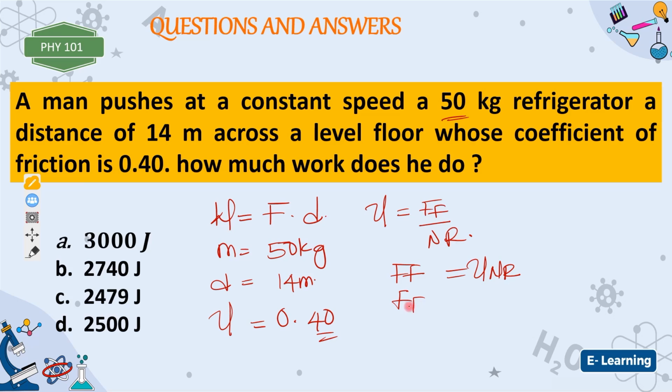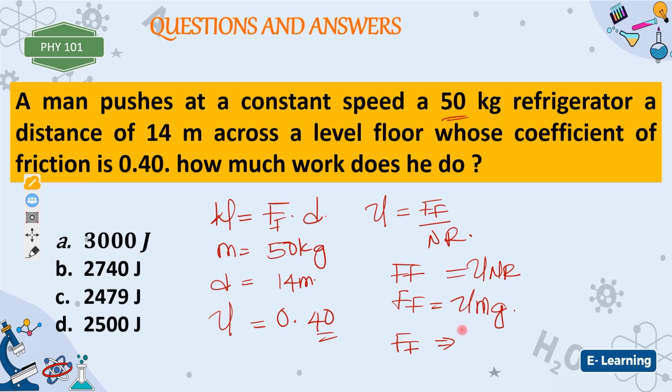So frictional force will be coefficient of friction times normal reaction, and normal reaction is mass times gravity, which is mg. Is that okay? Because in this particular case, it is actually the frictional force times distance.